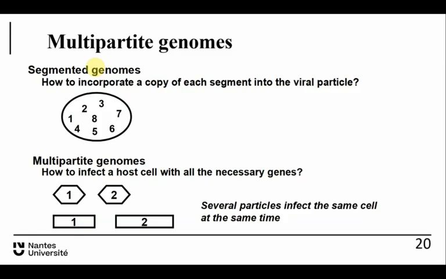Now, if we were doing this in cell culture in a controlled system, what would be the term to describe this type of infection where several particles infect the same cell? Anybody guess what I'm trying to get at here?